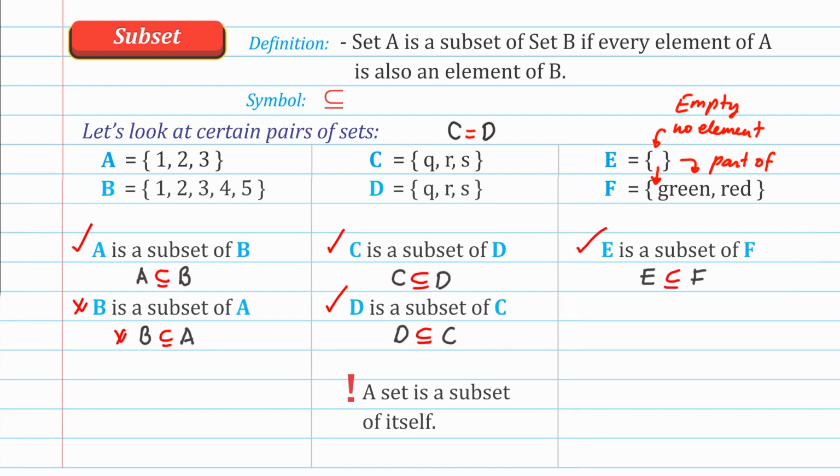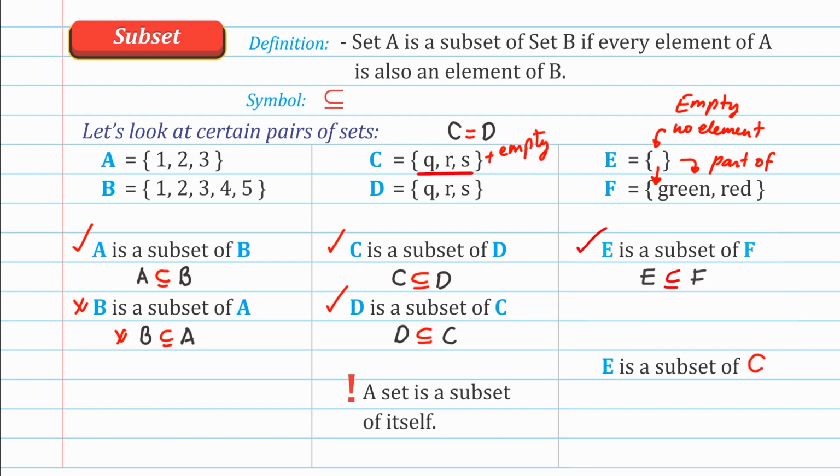Actually, we can observe the empty set with other sets. Let's check. If we combine set E, the empty set, with set A, for example, 1, 2, 3, we will have the same elements 1, 2, 3. Therefore, set E is part of set A. Let's check set C. If we combine set E with set C, QRS, it will be the same QRS.